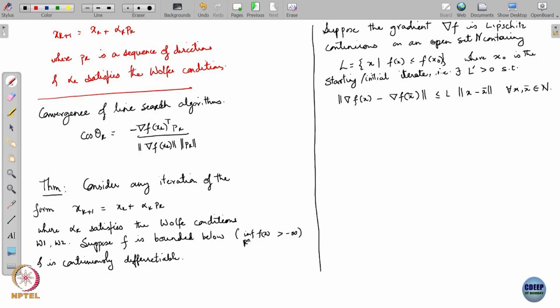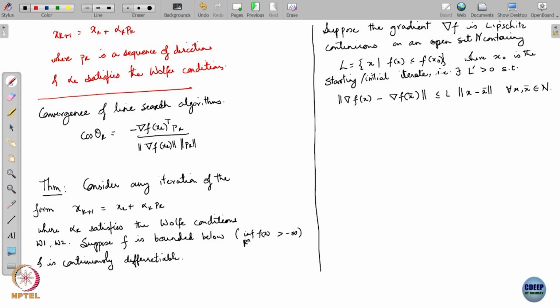Okay. So, we can take p_k to be any set of directions, and choose alpha_k such that the Wolfe conditions are satisfied. And suppose the function is bounded and continuously differentiable, and the gradient is Lipschitz in the set that we are considering. So, what is this set L?